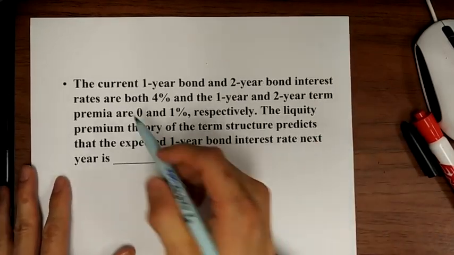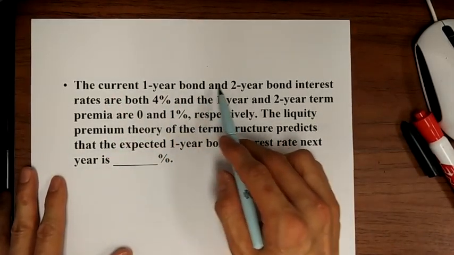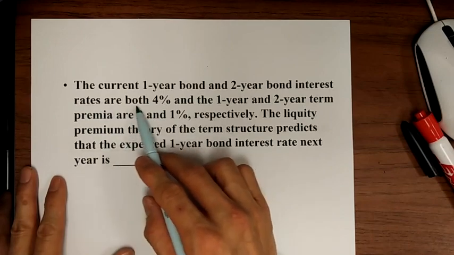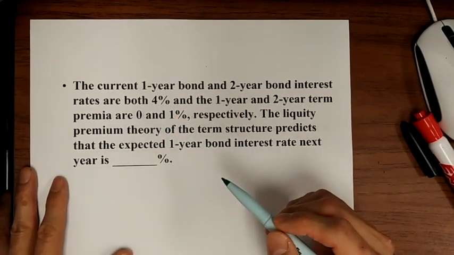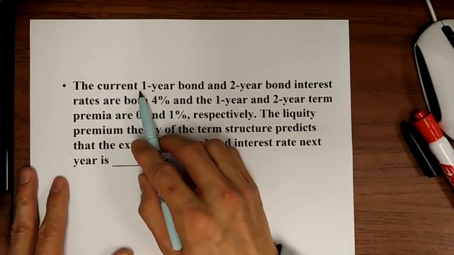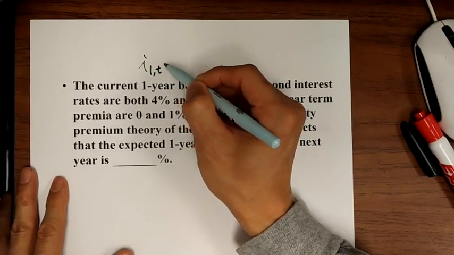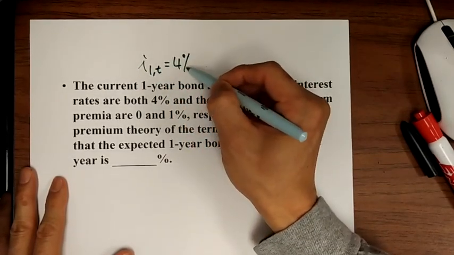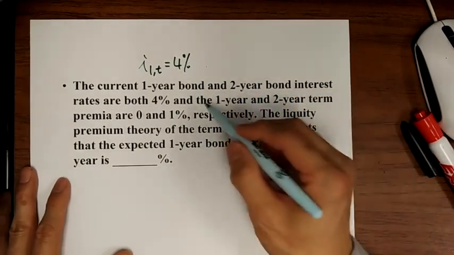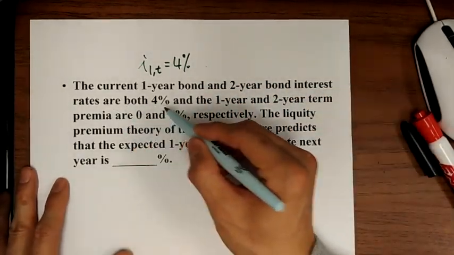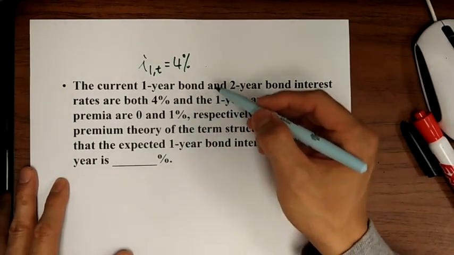In this example, the current 1-year bond and 2-year bond interest rates are both 4%. What does that mean? Current 1-year bond interest rate, I1T, is 4%. The current 2-year bond interest rate, I2T, is also 4%.